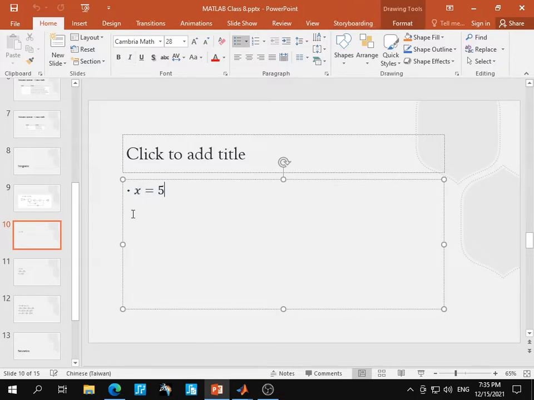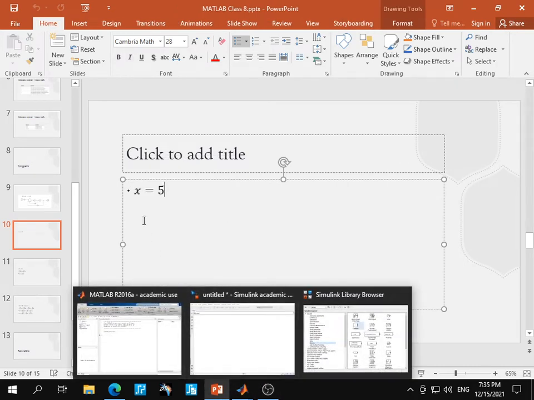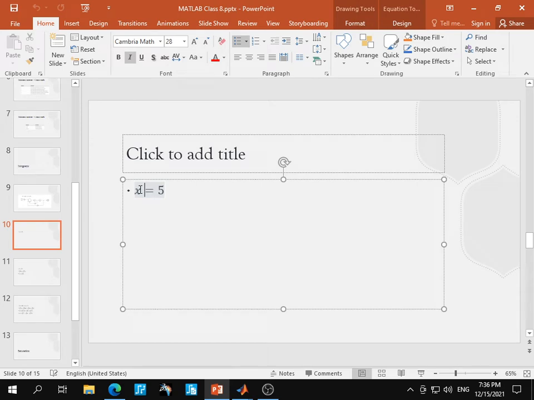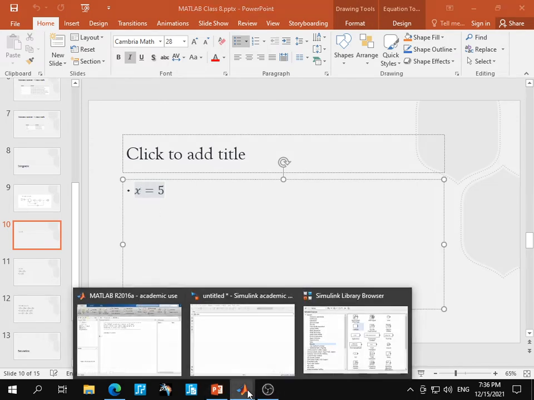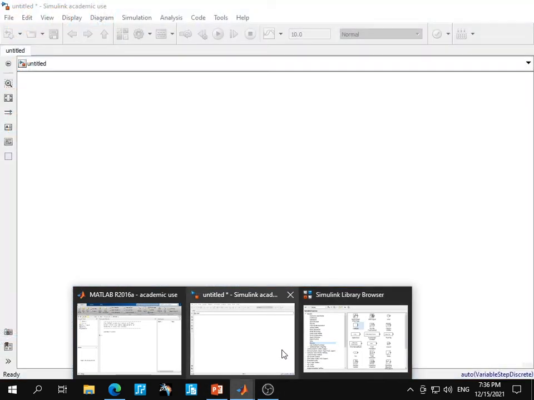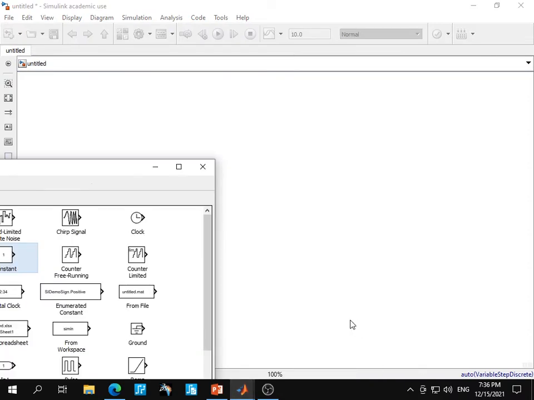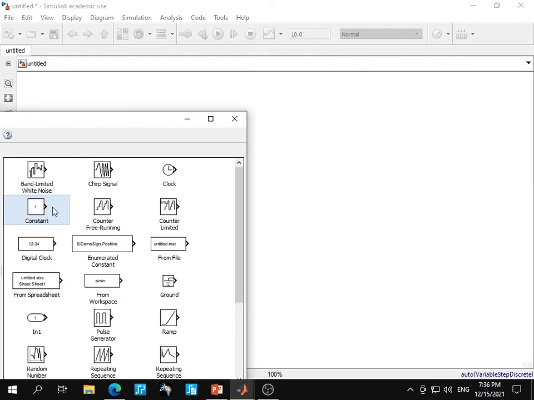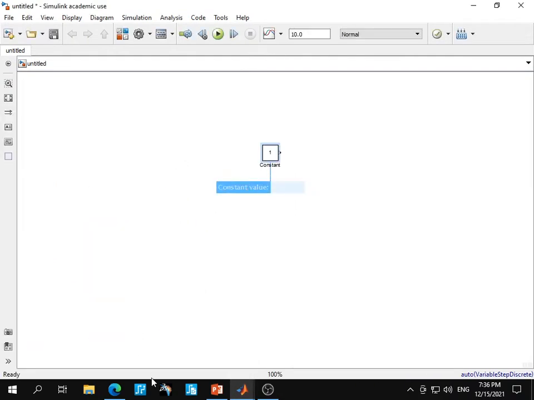So in Simulink, what is actually x equals to 5? If we consider x is your output, how do we actually model that in Simulink?